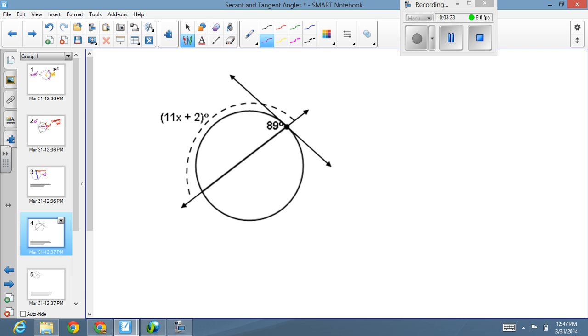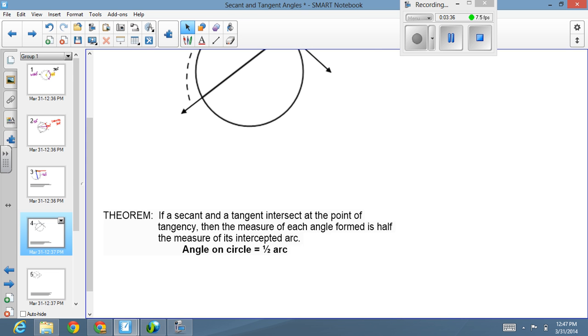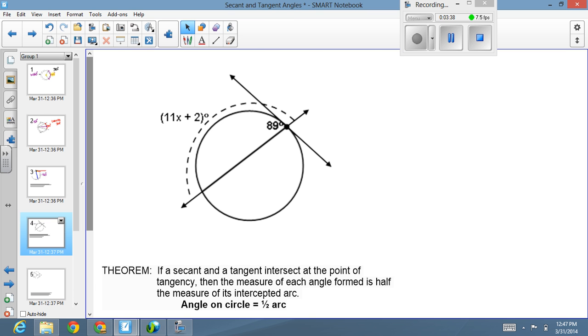Same idea. I know that a secant and a tangent is what I have here. I have one tangent, which is this line here, and I have one secant, which is this one here. I know that if I take my angle, which is right here, and I essentially double it, that's going to be the measure of the arc, because the angle is half of the arc.